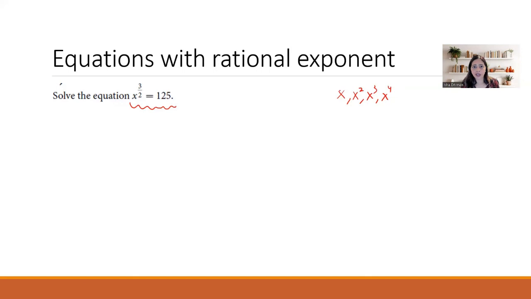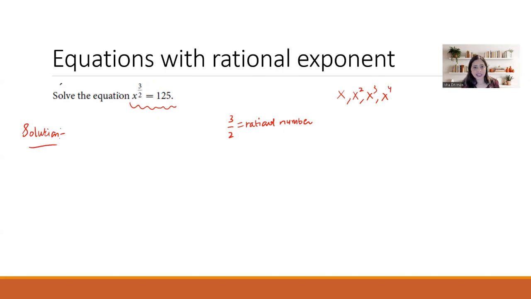So the powers of x are positive integers. But here, since we see an exponent 3 over 2, which turns out to be a rational number, we say x is sitting there with a rational exponent. So the goal is still the same. We have to find the value of x. So let's see now how to do that.